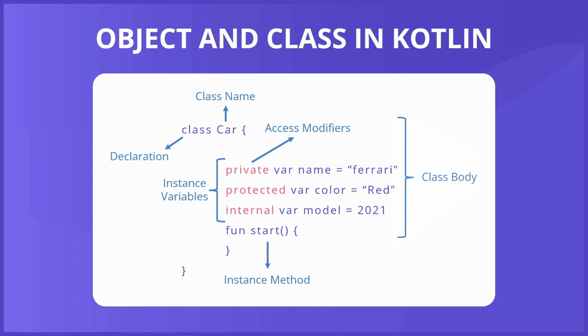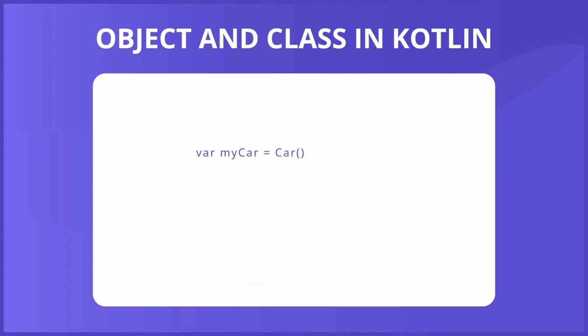Now, when you're creating an object in Kotlin, an object is created from a class. Creating objects from any class is quite simple, my friends. The expression var here represents a variable. Next, we'll need to give a name to the object that we will create.